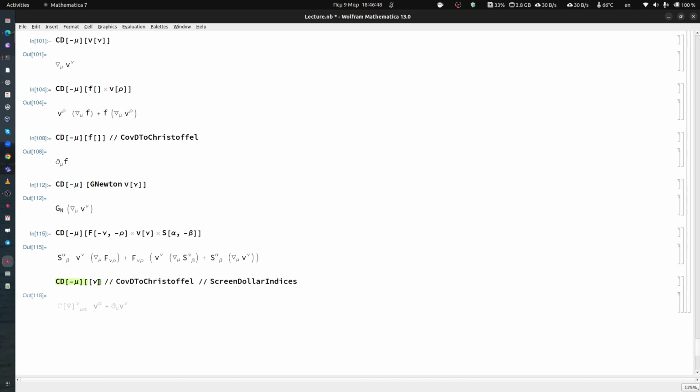So you can also put a 1-form, and then you see we have the correct sign, or a higher rank tensor.